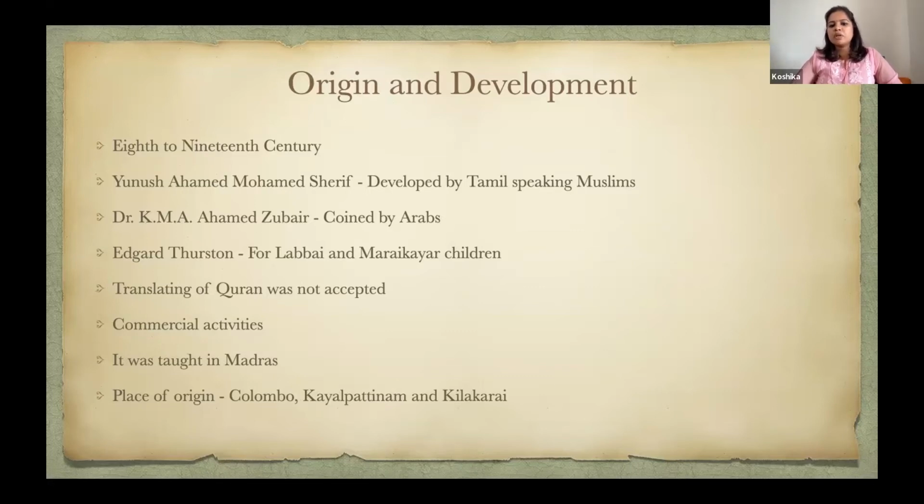The Tamil converts knew only Tamil, they didn't know Arabic. So to learn the Quran, they had to learn Arabic, and to learn Arabic, they made an easy way using their own culture and language. So maybe it's the Tamils that developed the script, is what is said by Yunus Ahmad Mohammed Sharif.